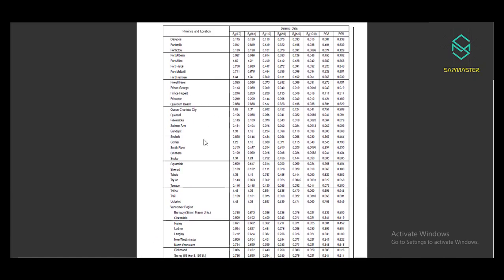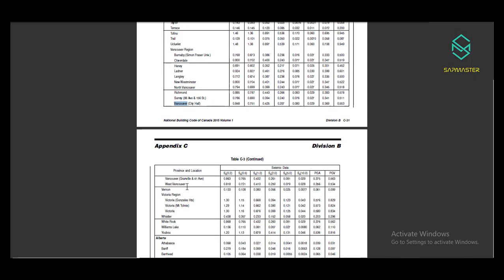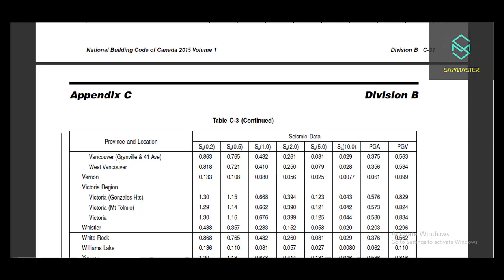Okay, so as you can see here, I have Vancouver, but it's important to find the exact location that we're going to use. So this Vancouver is different from the one that we are looking for. As I said before, our building is located at Granville Avenue and 41st Avenue, so you have to use these numbers.